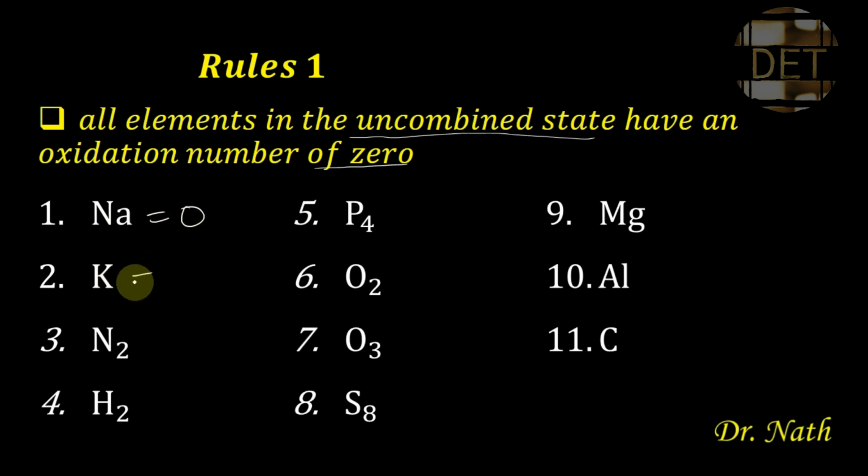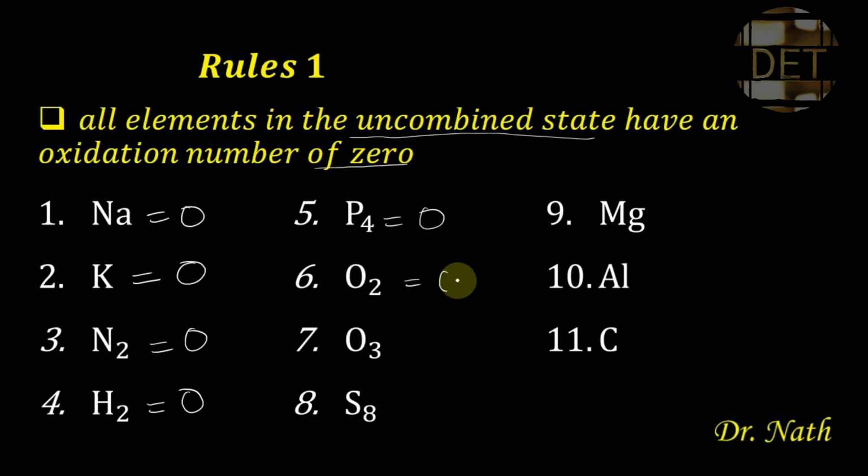Potassium is uncombined, so it is 0. Nitrogen is uncombined; there is no other element attached to it. Hydrogen is alone, so it is 0. Phosphorus is uncombined, with no element attached to it, so it is 0.